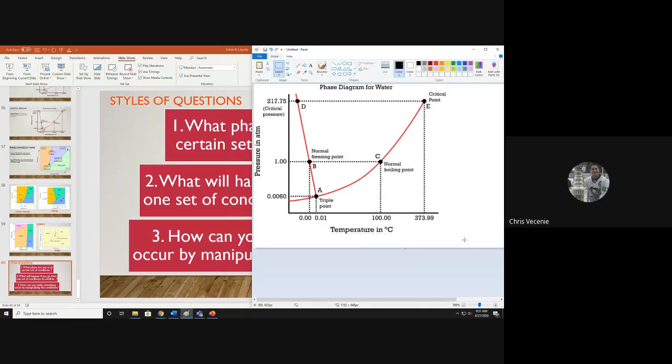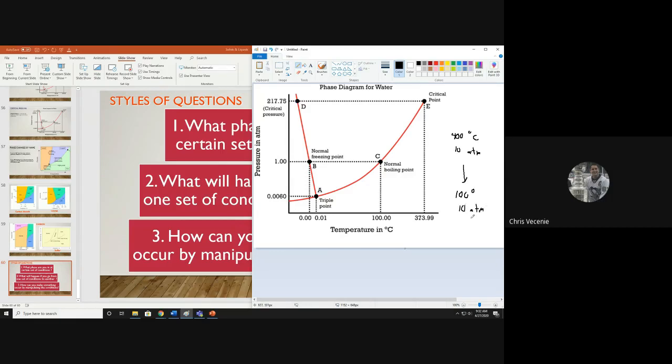So I could say, what if we are at 400 degrees Celsius and 10 atmospheres, and I cool that to 100 degrees Celsius, but stay at the 10 atmospheres.